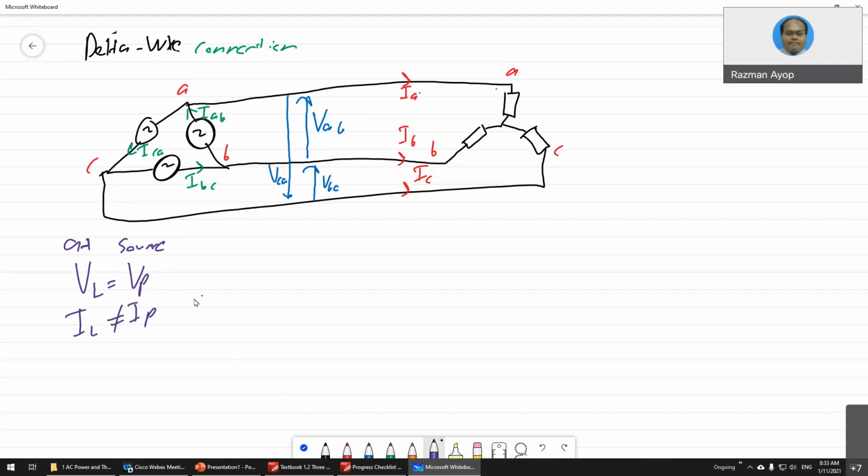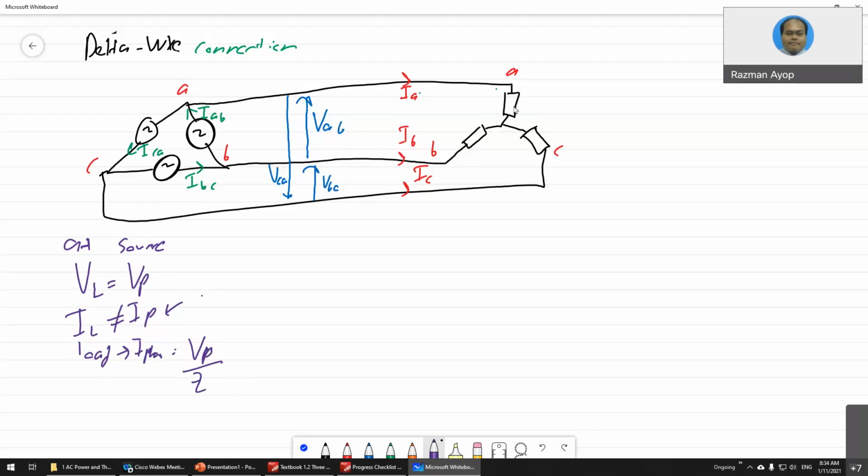To calculate this, you have to calculate from the load. You have to find I phase equals I line equals V phase divided by Z. You cannot start from the source. The source usually we just obtain the voltage.